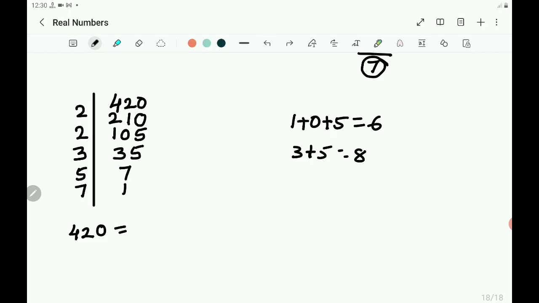420 is equal to 2 into 2 into 3 into 5 into 7.